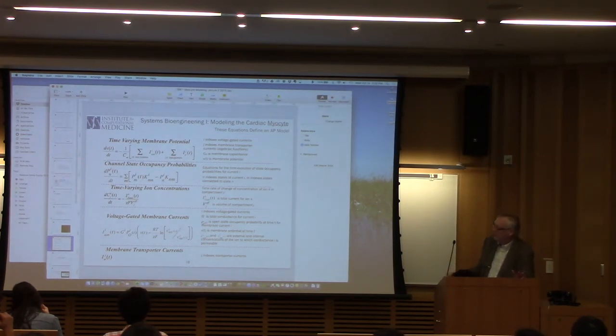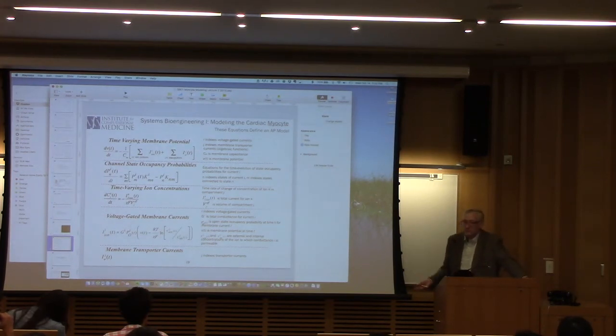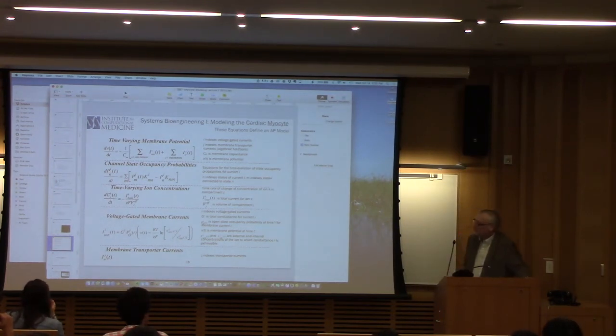If you count up the number of ordinary differential equations in modern models, it's like 100, 150, 200, varies from model to model. Models are becoming increasingly high dimensional. So what does it mean to simulate a model of cardiac action potential?